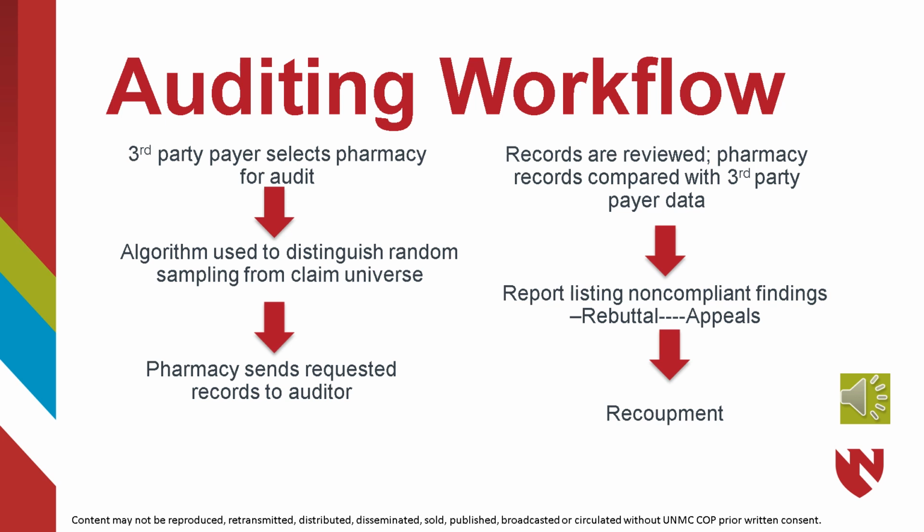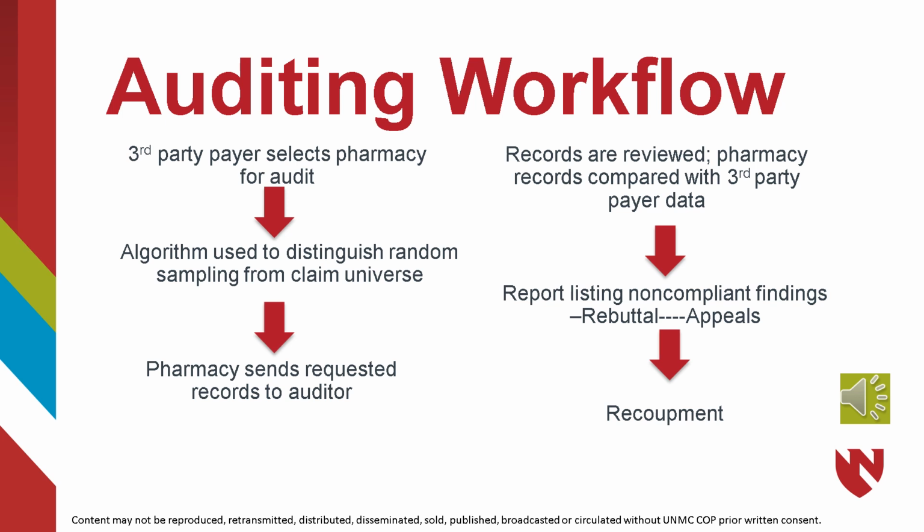So that's something outside the doors of the pharmacy. An algorithm is used to distinguish random sampling from claim universe. We'll talk more about what is an algorithm, what does random sampling mean, but that's part of the process of how the pharmacy is selected for an audit.